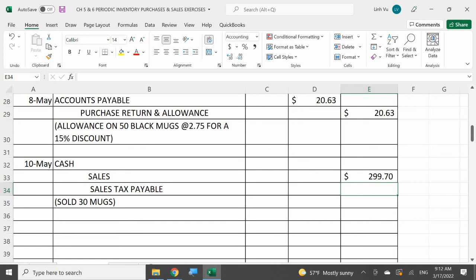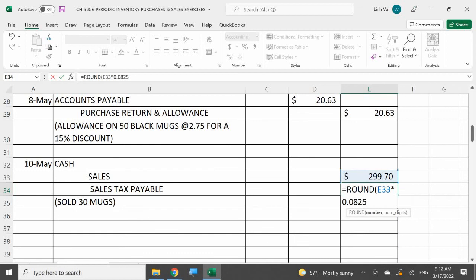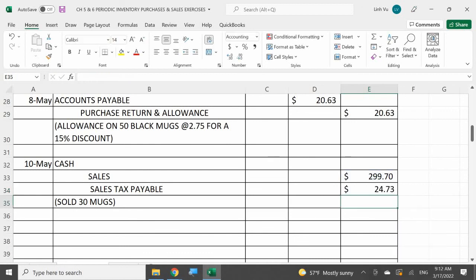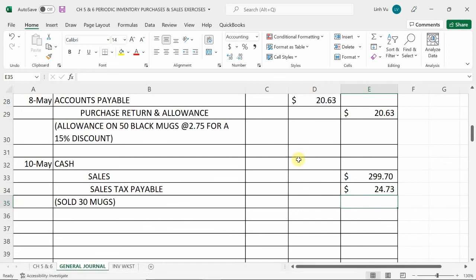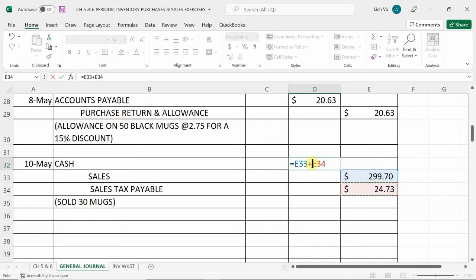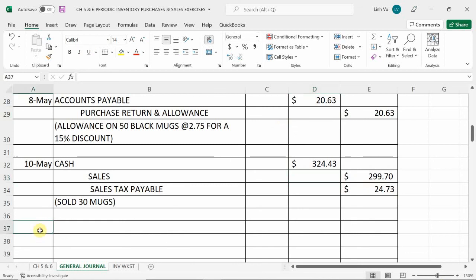How much tax will I be collecting? 24.73. Good. So overall, in grand total, how much cash should I be receiving? Okay, $324.43.